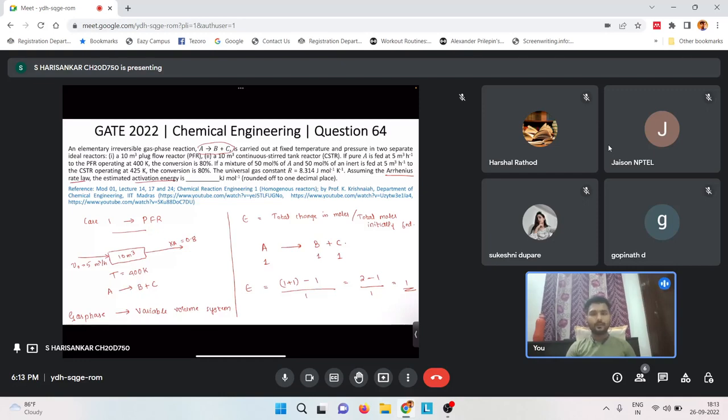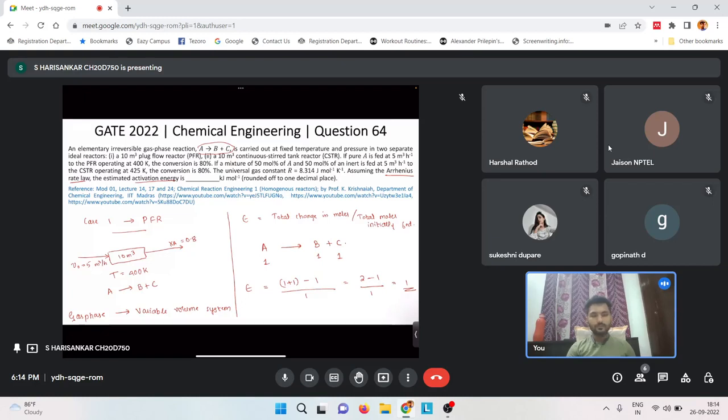So if they have given two temperatures and they have asked you to calculate the activation energy, the first thing you need to see is whether you have the temperatures, and they have the temperature given here. The other thing you need to know is the rate constants K1 and K2.